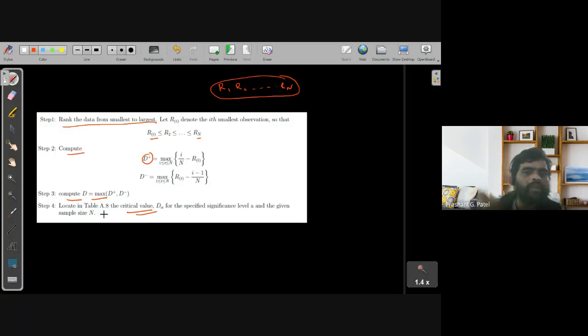Here n is the sample size, and according to that you will decide whether you reject your data or accept that data. And step number 5 is also there.